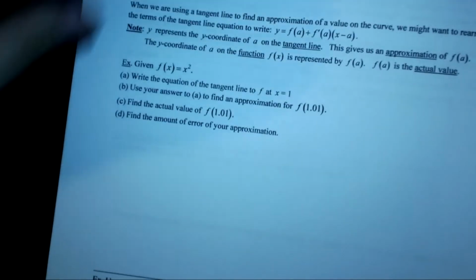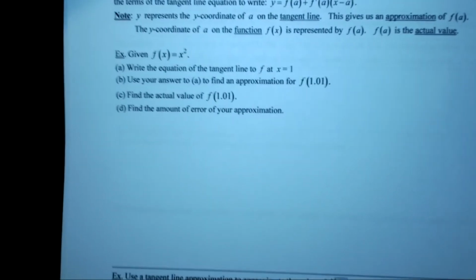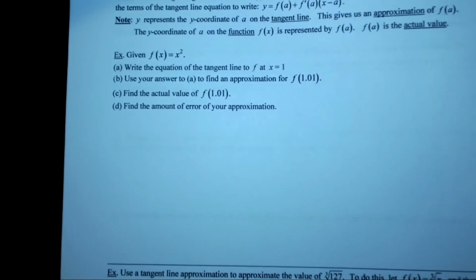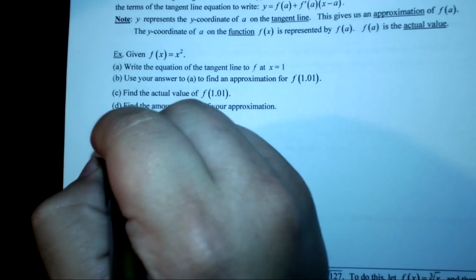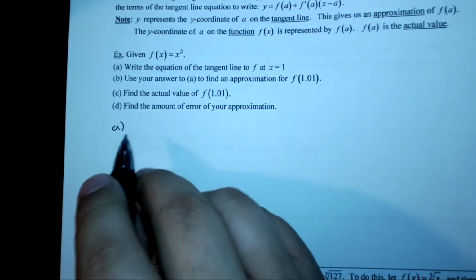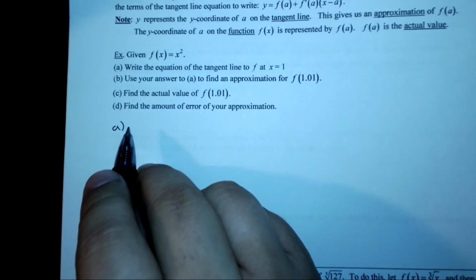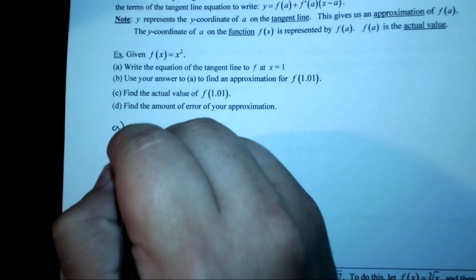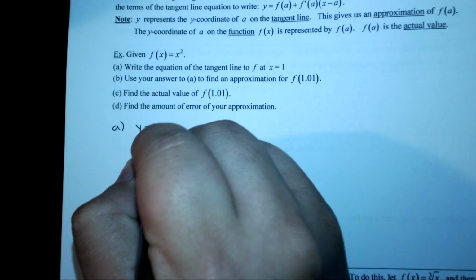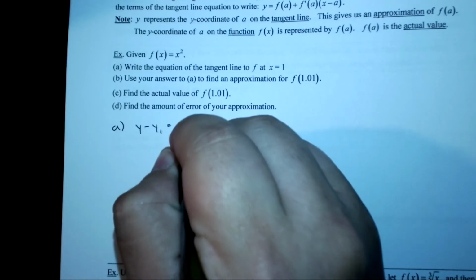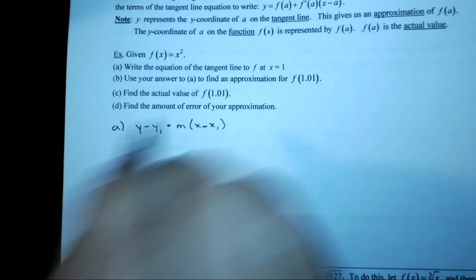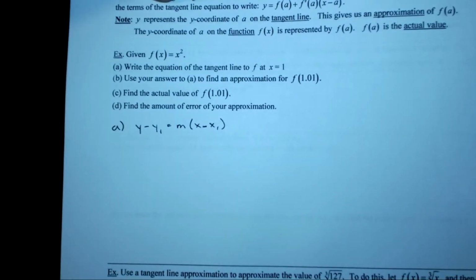So let's start off with answering question A. It says write the equation of a tangent line at x equal 1. The equation of a tangent line is y minus y1 equals m times x minus x1 whenever we write it in point-slope form, right?